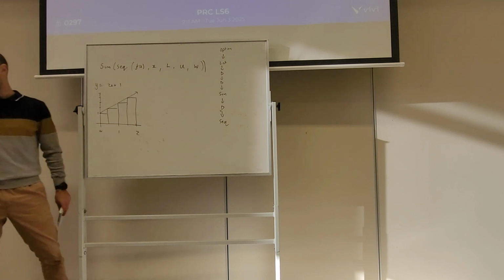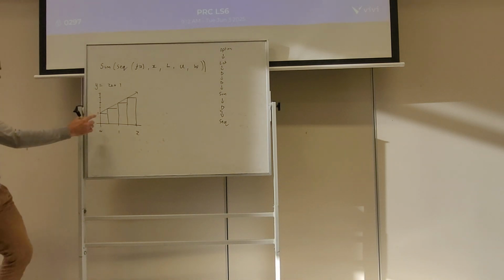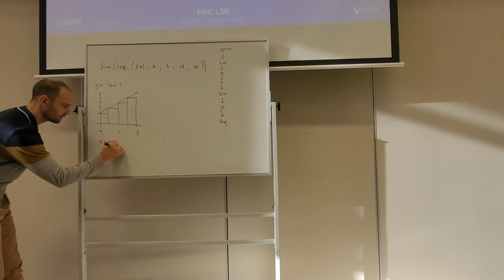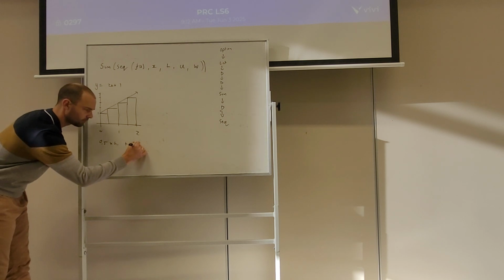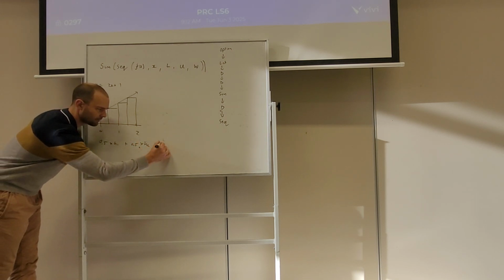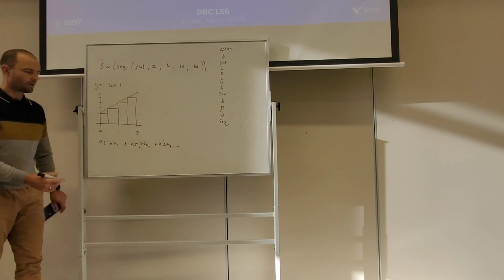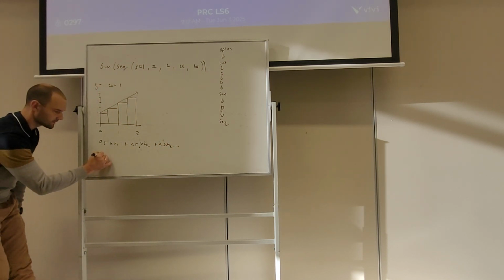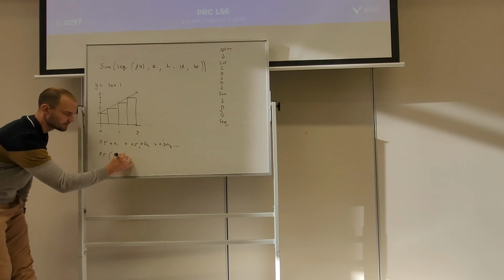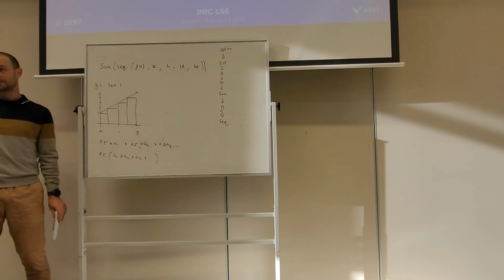If you think of the area of these rectangles at the moment, it's going to be 0.5 times the height, I'm just going to call it height 1, the height of the first rectangle, plus 0.5 times the height of the second rectangle, plus 0.5 times the height of the third rectangle, etc. 0.5 is common, so we can factorize it, and what we're left with is the sum of the heights. So our calculator can do this for us.